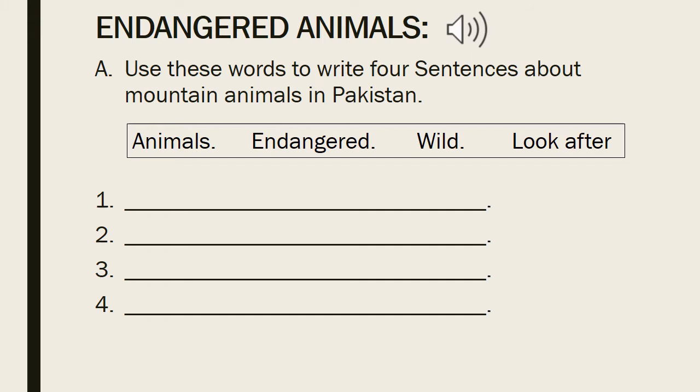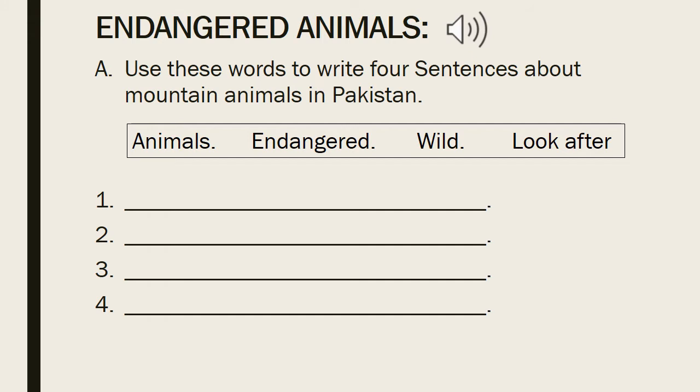What we have to do here is read a paragraph about the endangered animals, and see the picture and read the names of the endangered animals of Pakistan that live in the mountains, but they are endangered or they do not exist anymore.